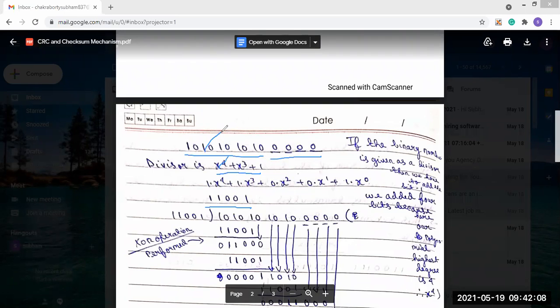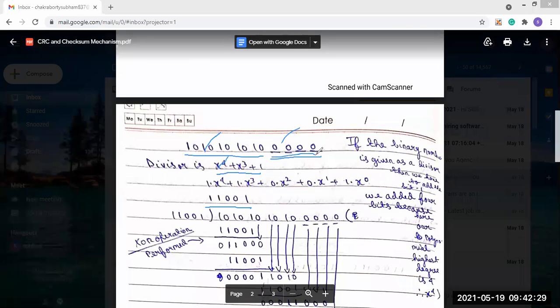Or maybe both numbers are given in binary form. Then how can you understand how many redundant bits should be added? From here, I understood that the highest polynomial degree is added as the number of redundant bits, because it is 4, so I added 4.